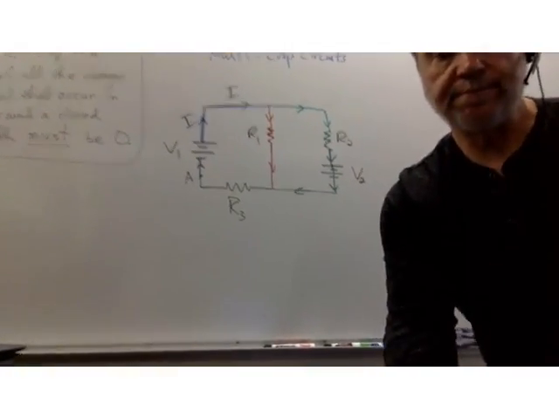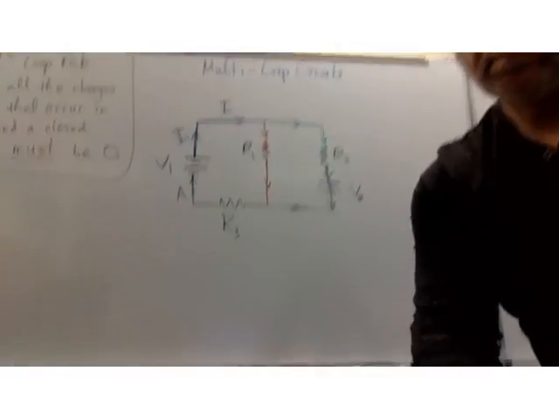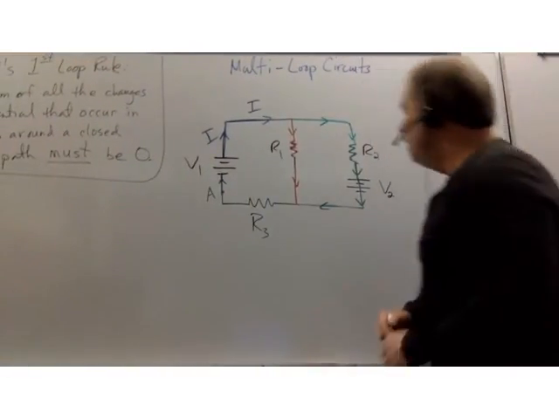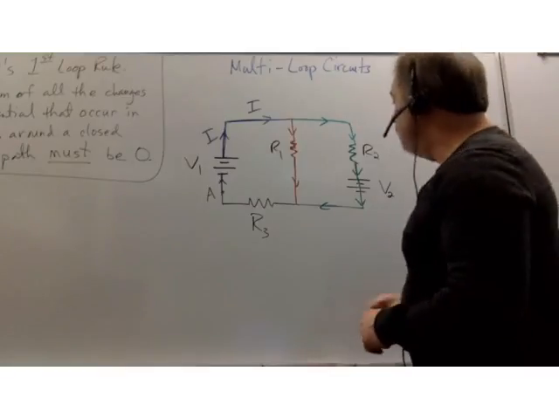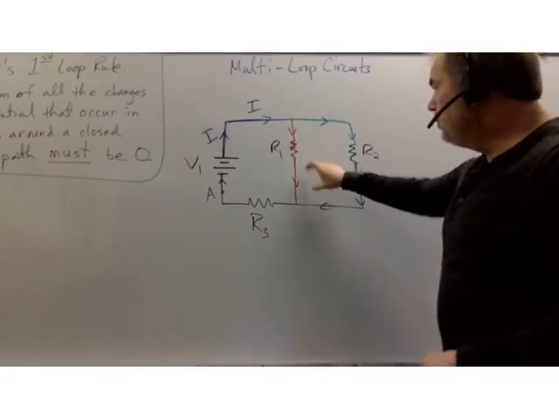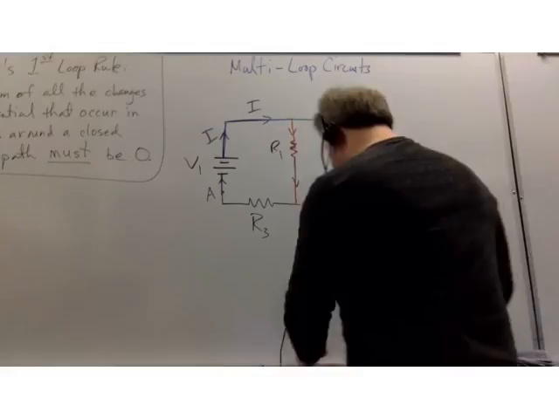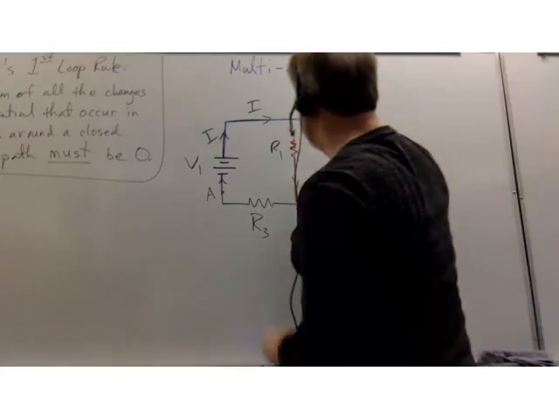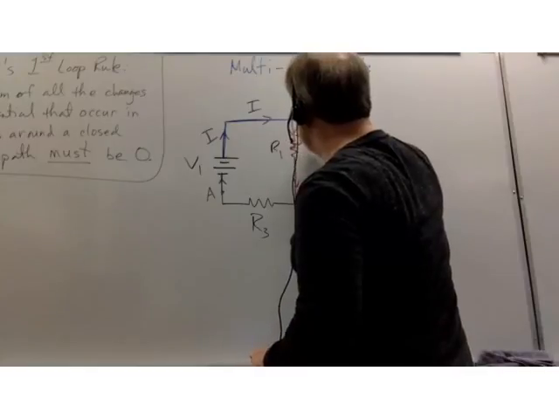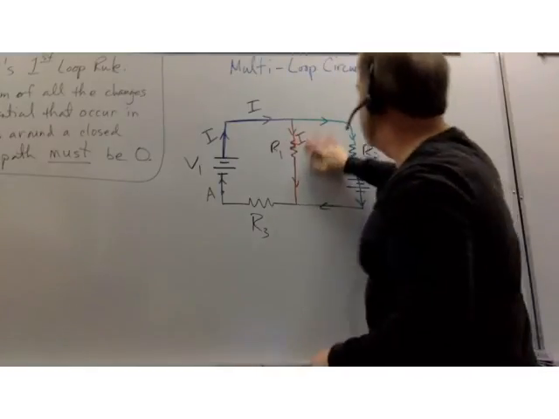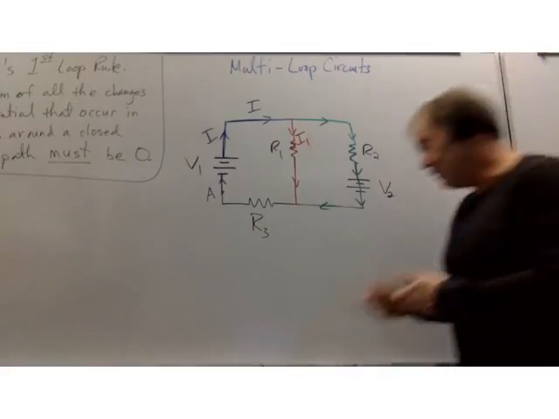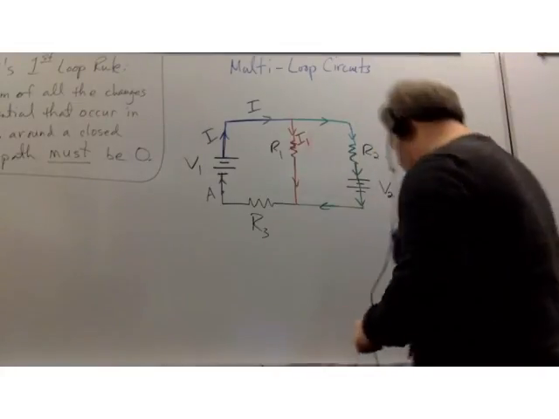A little closer. Okay. Now, the two subcurrents, let me label these completely arbitrarily. Let me label this subcurrent I1, for no reason other than I called that resistor 1.